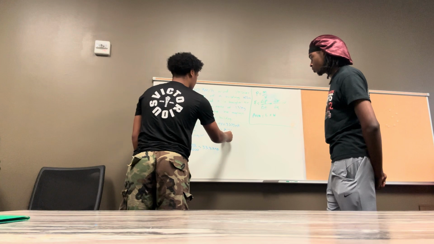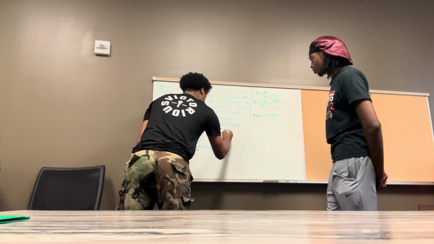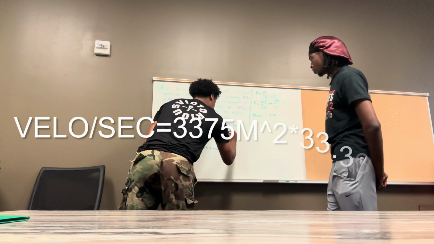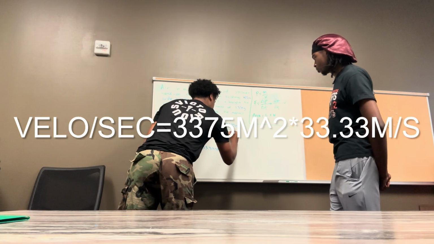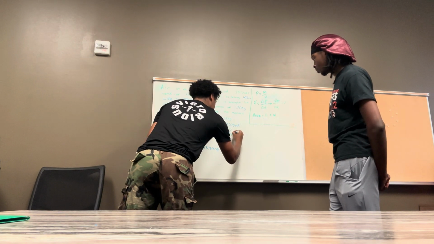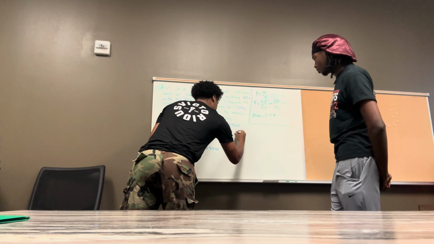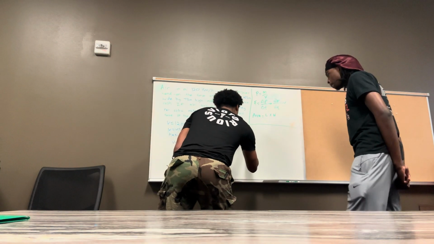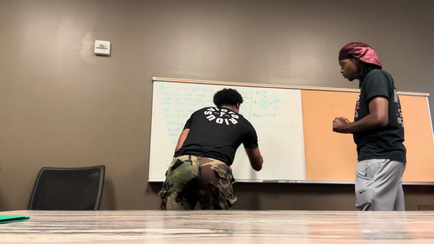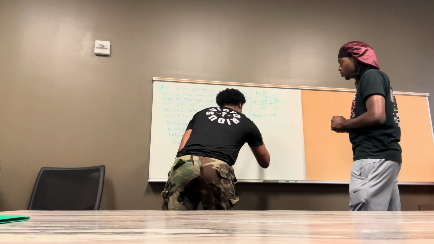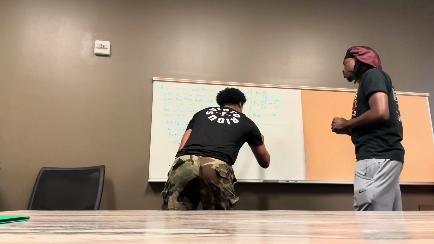Then we can plug it into this equation. Multiply the area by the velocity: the area is 3,375 meters squared times the velocity, which is 33.33 meters per second.